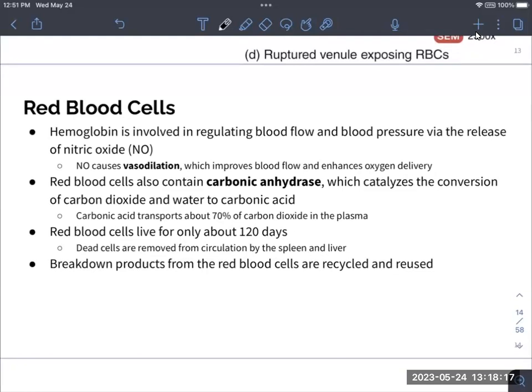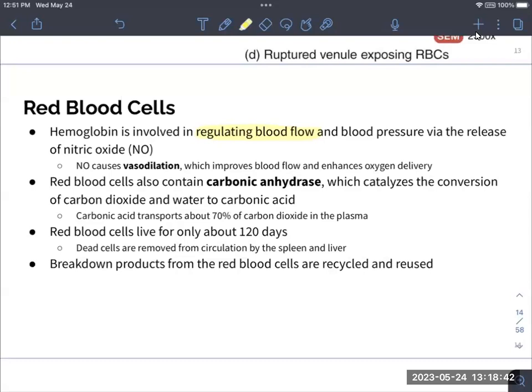So hemoglobin does not only just carry oxygen. Hemoglobin does a lot of other things because it's going to help regulate that blood flow. So making sure the blood is traveling to all the areas of the body so all of our cells can have oxygen.